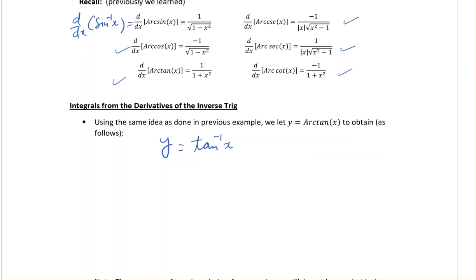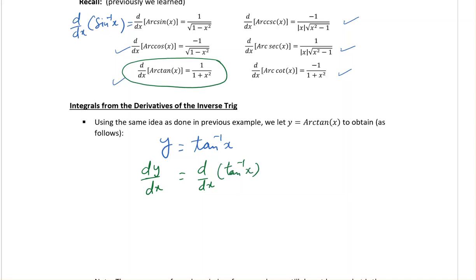Taking the derivative on both sides, we use differentials on both sides. So we will take the derivative of y over the derivative of x. The derivative of tangent inverse x, which we know, is this. So we can use this formula here. We get dy over dx is equal to 1 over 1 plus x square.